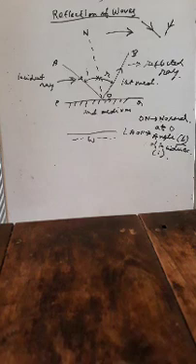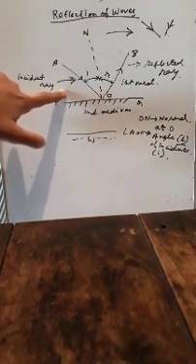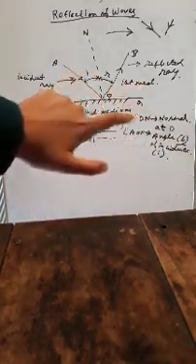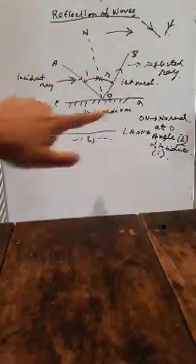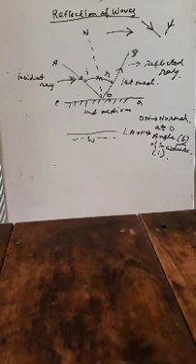Now students, obviously, like the laws of reflection of light, there will be laws of reflection of waves. Your first law of reflection of wave is: the incident ray, the reflected ray and the normal to the reflector, that means to the interface at the point of incidence, lie in the same plane.